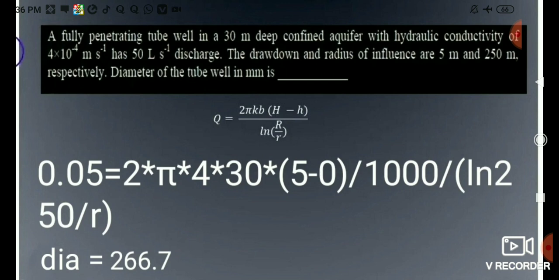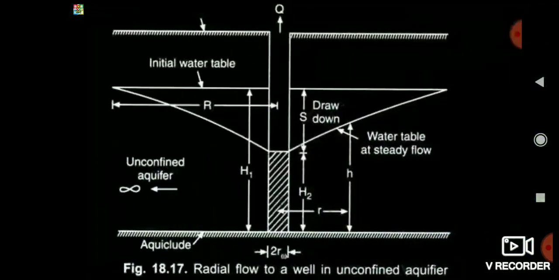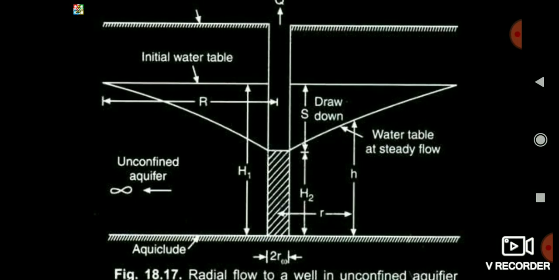Here friends, you see in the question that it is given that the radius of influence is 250. Means friends, you remember one thing, you remember this diagram. I will show you the diagram once again. Here the radius of influence, you see that at radius of influence R, the drawdown is 0.